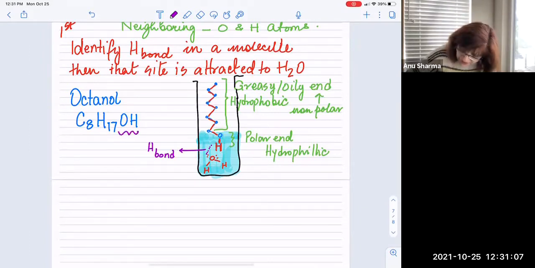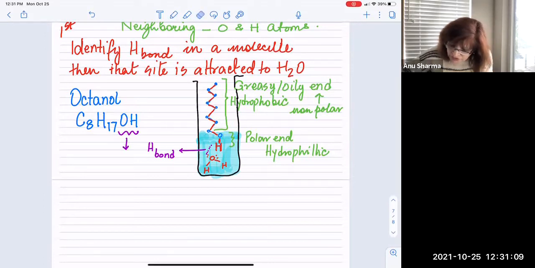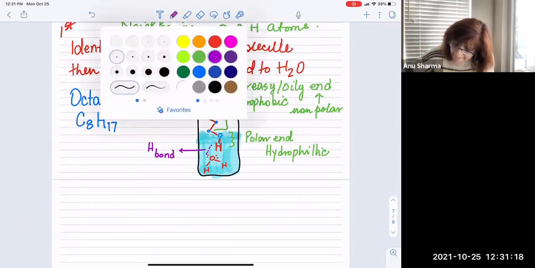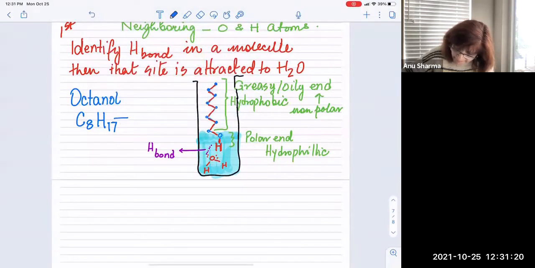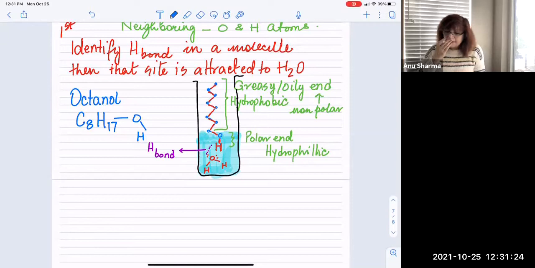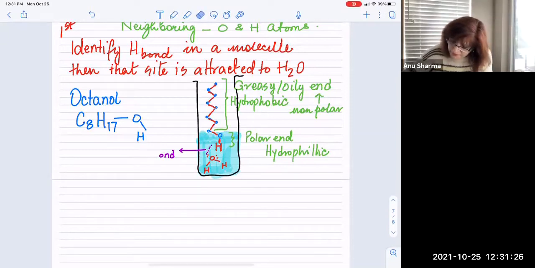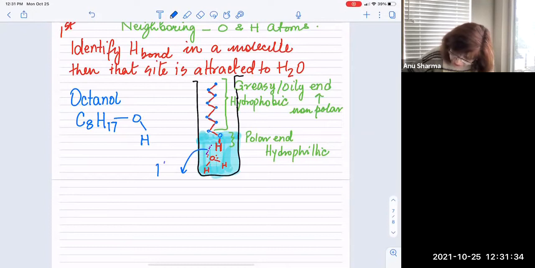This part right here is attracted to this hydrogen, and this is the hydrogen bond.